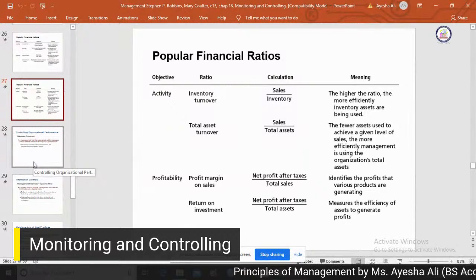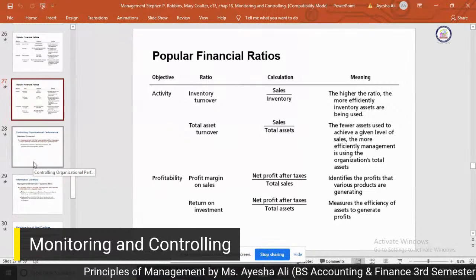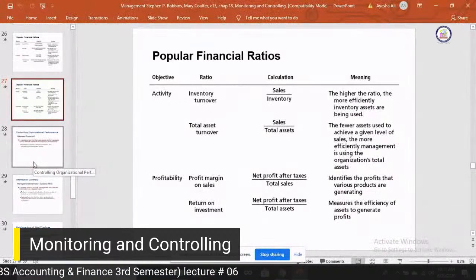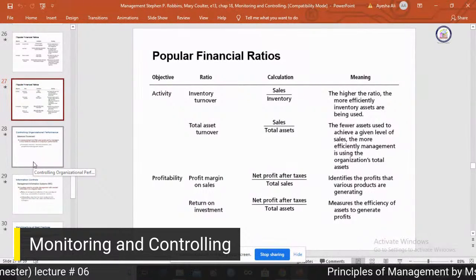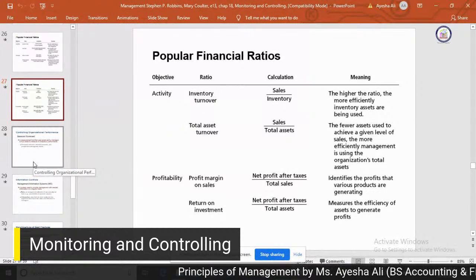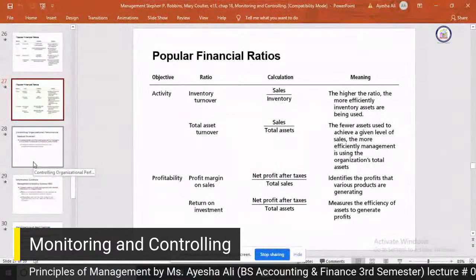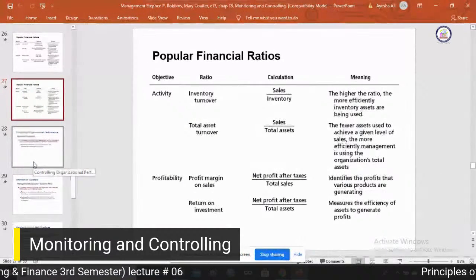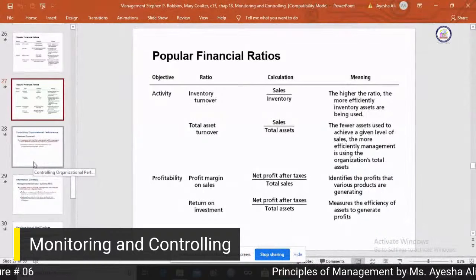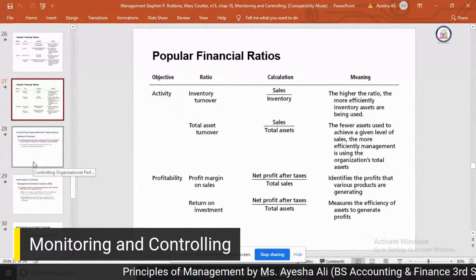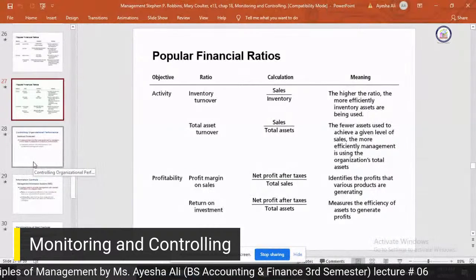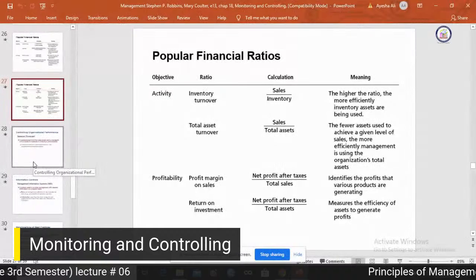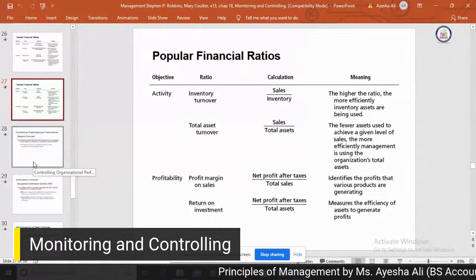So the purpose of all these is to know the financial condition of the organization, and we take all the information and data from the balance sheet and income statement. It is so important, because every organization's sole purpose is basically making profit. So we have to do this before taking any decision, before taking any loan, before investment, or before any financial decision.